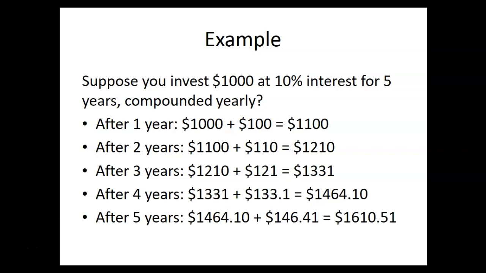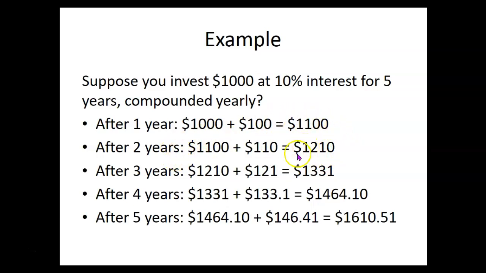But for the second year, you get to be earning interest not on the $1,000 that you started with, but on the $1,100 that you had at the end of year one. So for that second year, you earn 10% of $1,100, which is $110, which brings you up to $1,210.